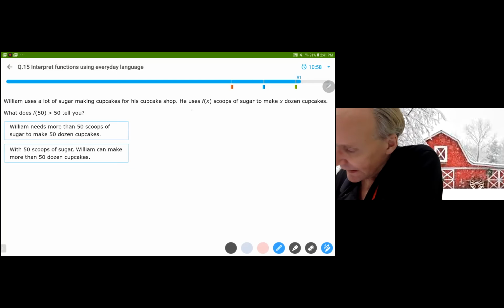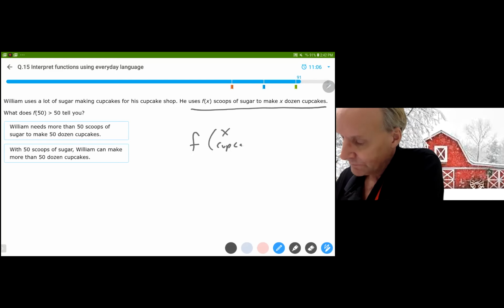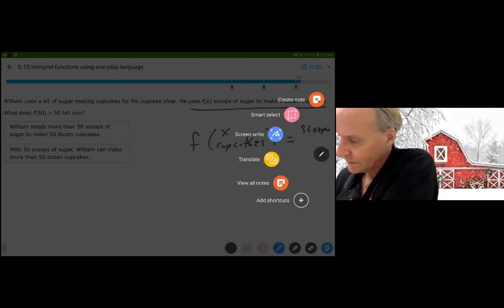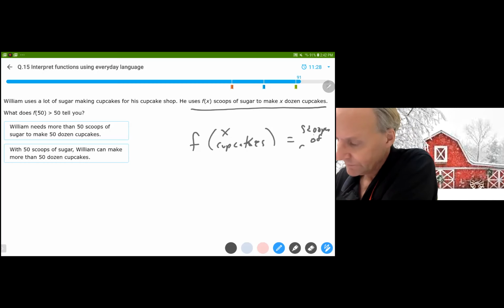All right. F of X scoops of sugar to make X dozen cupcakes. So F of X cupcakes, and F of X is scoops of sugar. Dang, it's messy. Scoops of sugar. I can't spell today either. I am really tired or something. Okay, sorry.